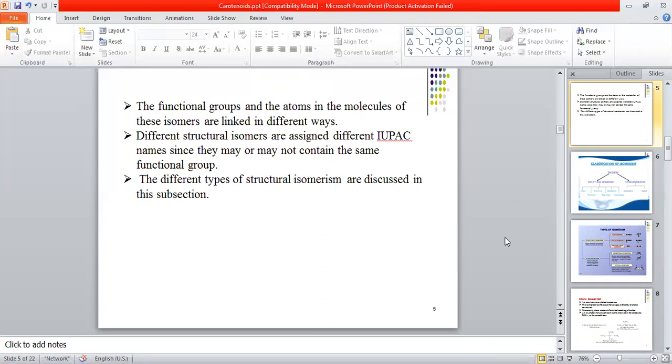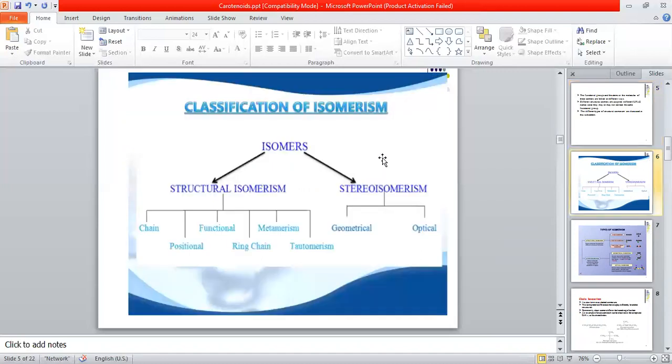Okay, so this one was about isomerism, structural isomerism. This structural isomerism may arise in various ways. Either the functional group will be different, the chain will be different, or the position will be different. Based upon these things, we can say that all the atoms will be linked with each other in different ways. So isomerism is divided into two parts, structural isomerism and stereoisomerism.